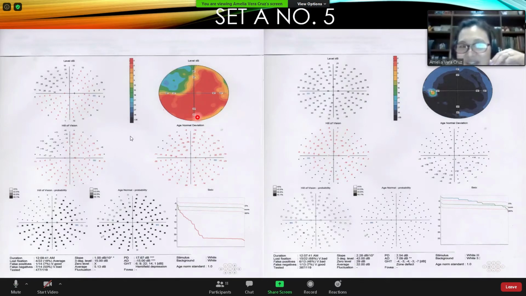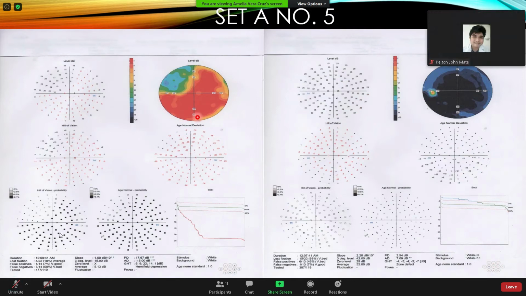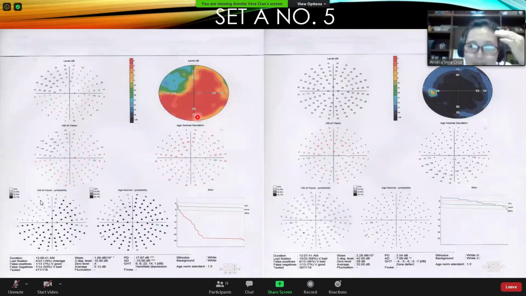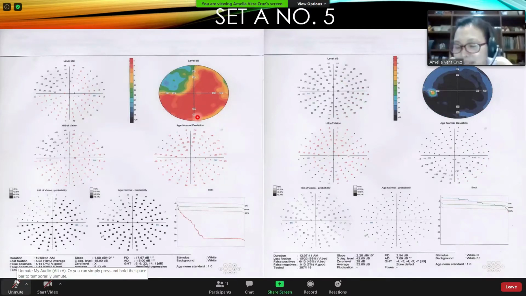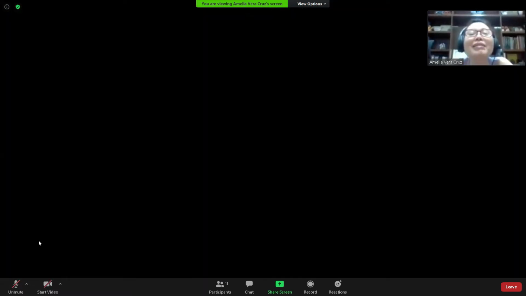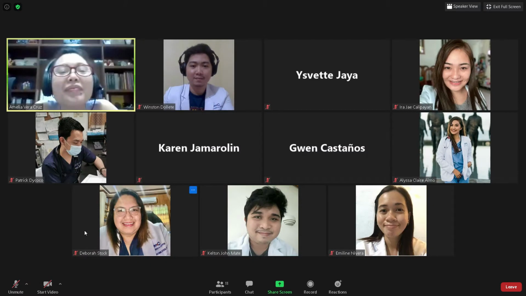One eye. Usually, cranial lesions, lesions on the brain, will usually give you bilateral visual field defects. Okay? Bilateral field defects. Dito na tayo. Wala na. Set A. Set B na.